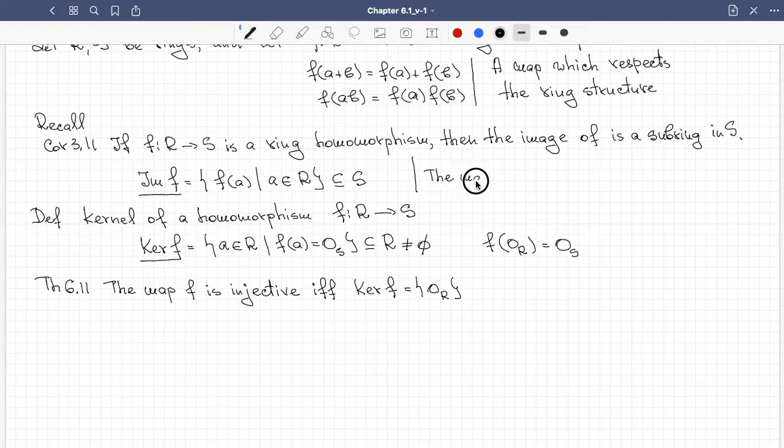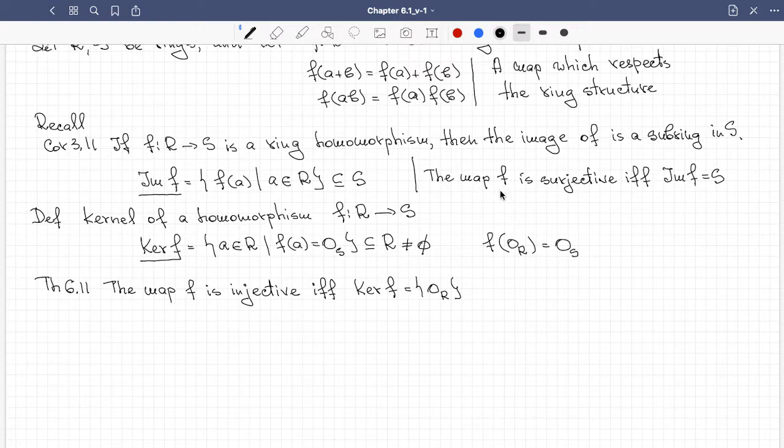The map f is surjective if and only if the image of f is all S. Well, this is a tautology.